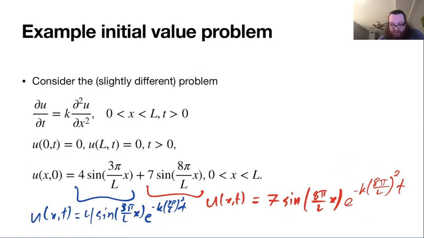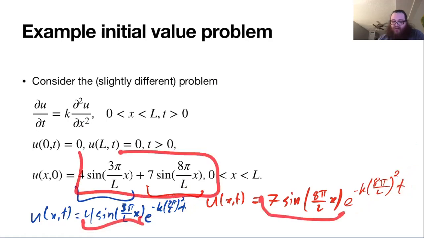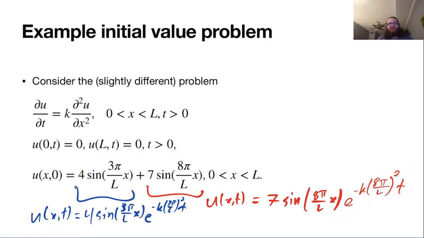And of course, plug in t equals 0. This is going to go to 1. This is going to go to 1. So you're going to be left with this sine term plus this sine term, which is exactly that. So it's a long way of saying, we have a sum of these product solutions. We add them together. That sum satisfies all of this.